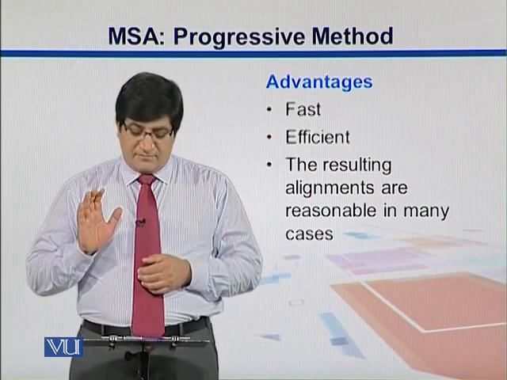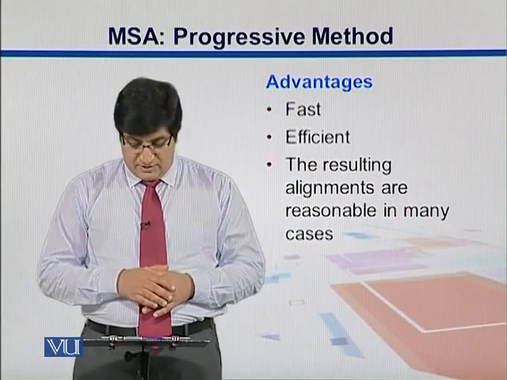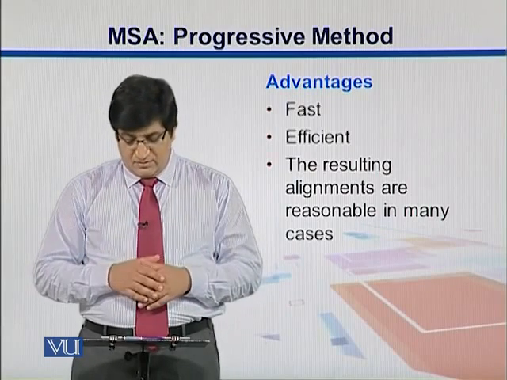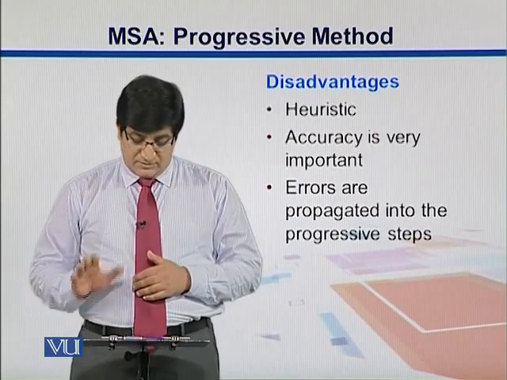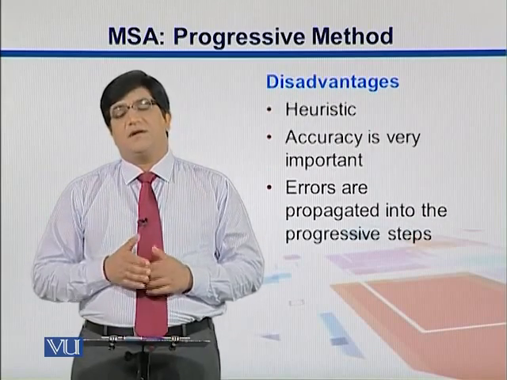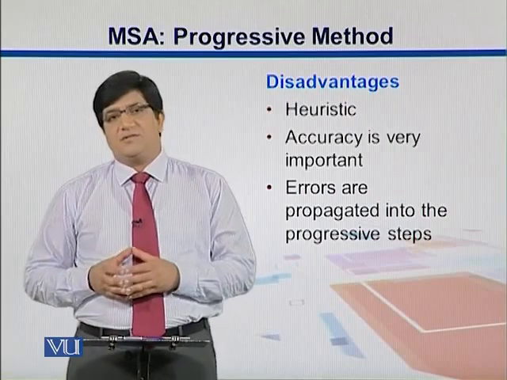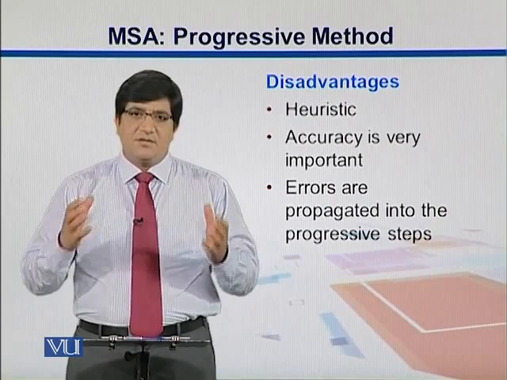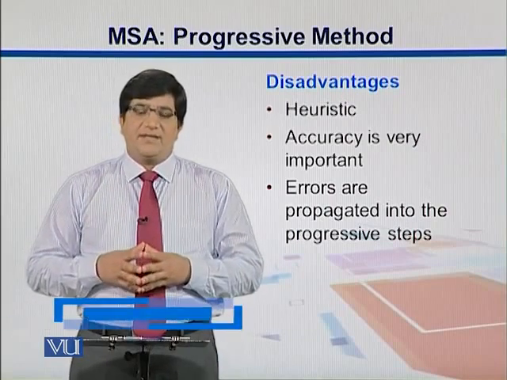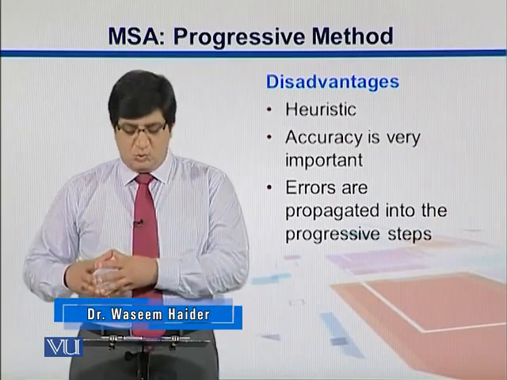This method is fast, efficient, and the alignments are reasonable. In many cases they are acceptable, but the disadvantage is that they are not exact or optimal solutions. They are heuristic solutions, which are quick and fast but may not be exact, may not be entirely true.